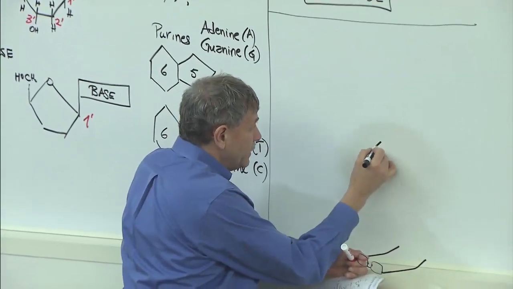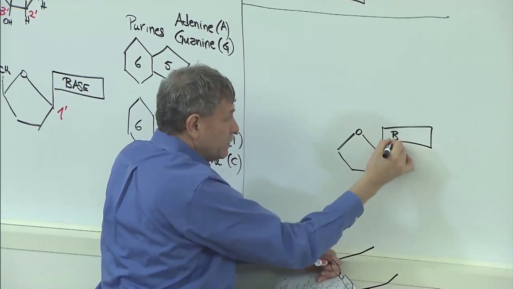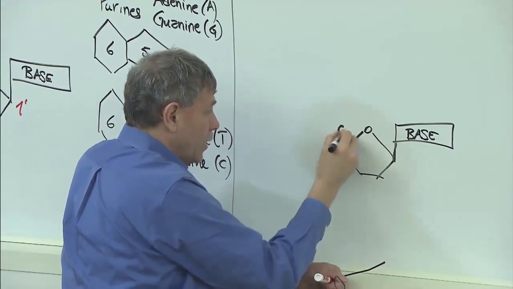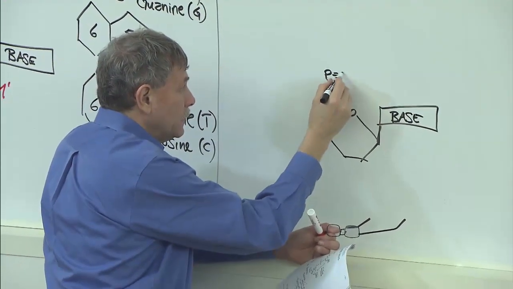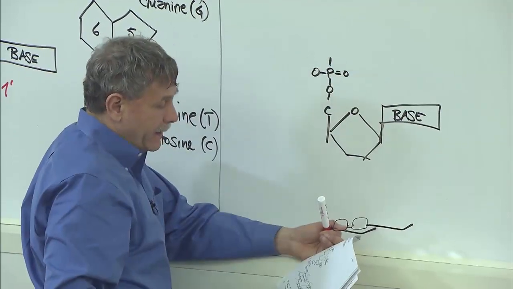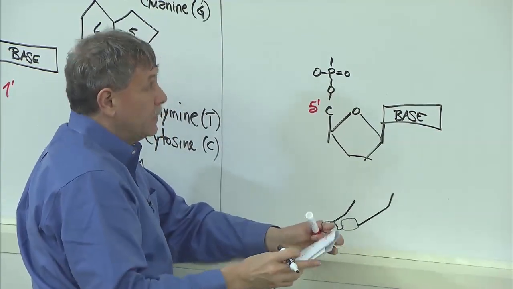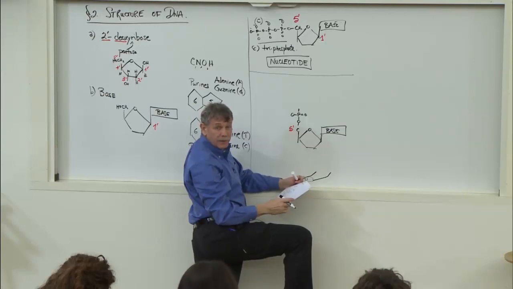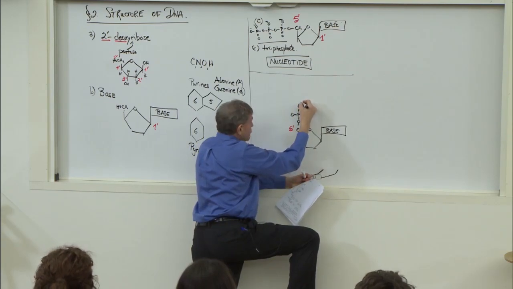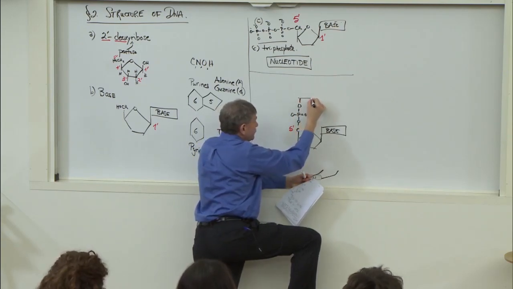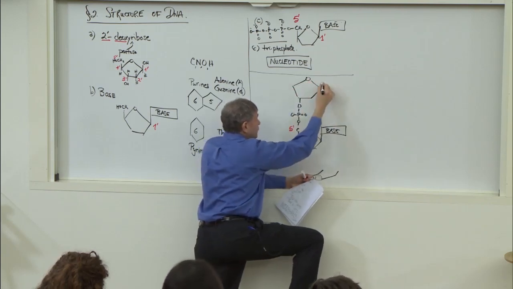So if we have over here our sugar, our base, our carbon over here, going from the 5' carbon, we're going to connect, breaking that triphosphate and using the energy to do that, to the 3' carbon of our next sugar. Another base here.